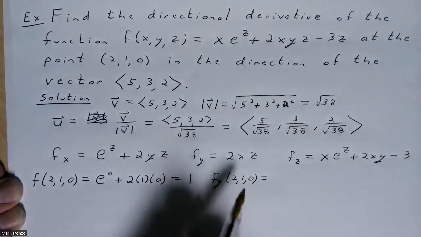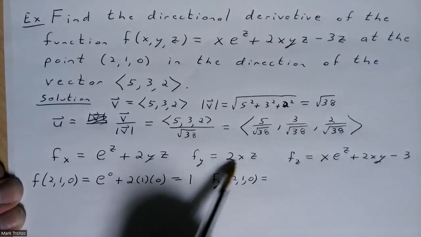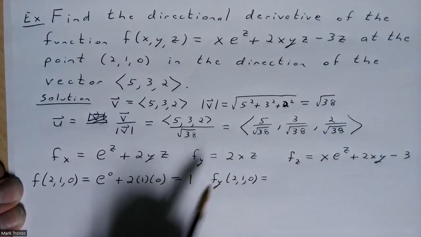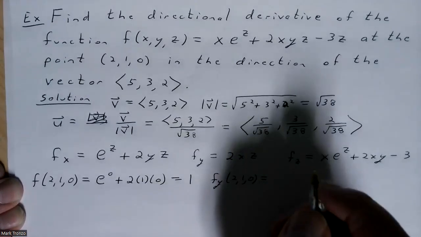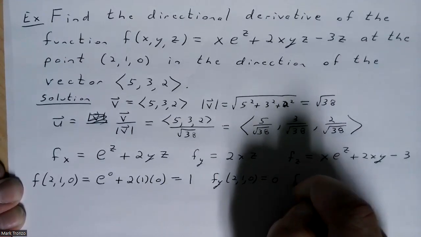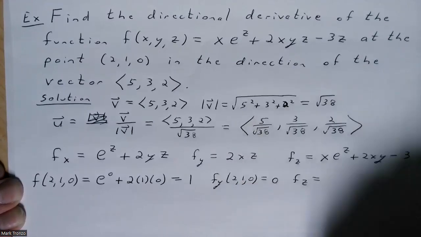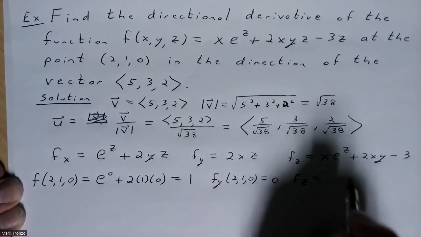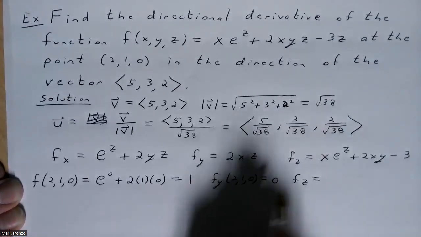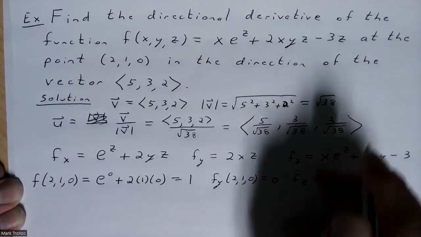That's going to be 0. Finally, fz at 2, 1, 0 again.